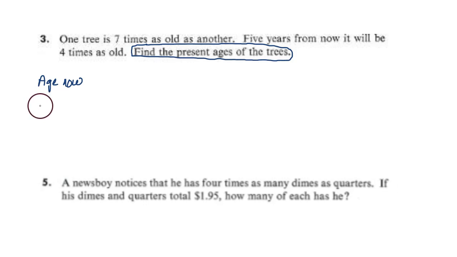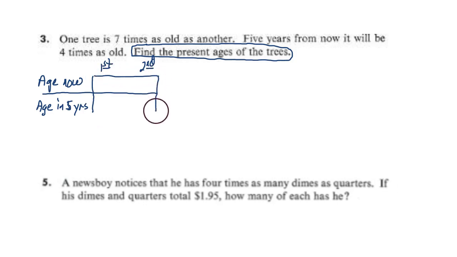And then right underneath, I'm going to write the age in 5 years. Two trees are mentioned. The first tree, and let's call the other one the second tree. So you can see that this creates a chart with 4 boxes.